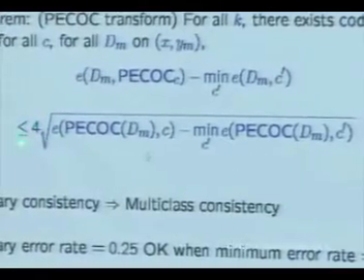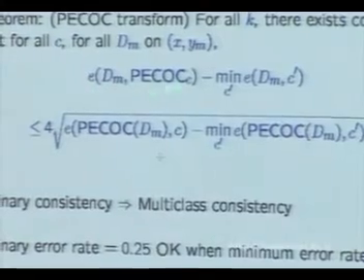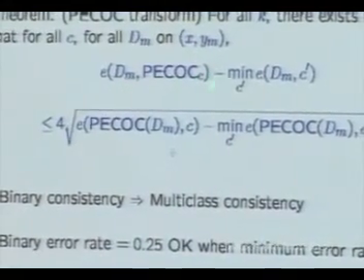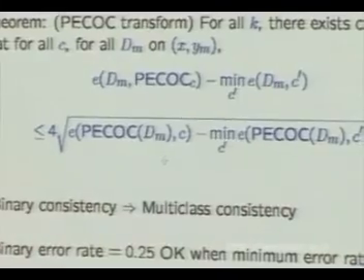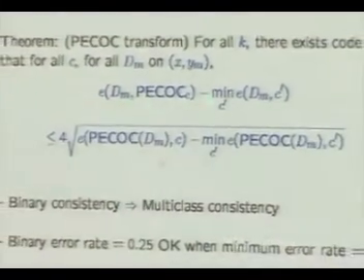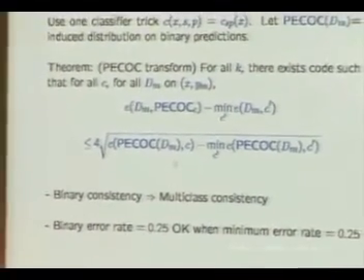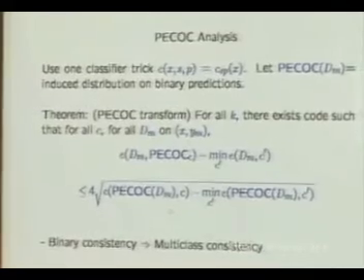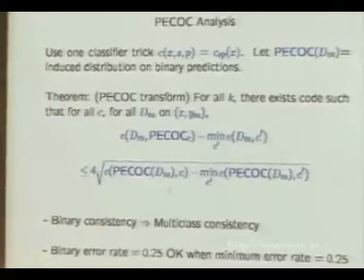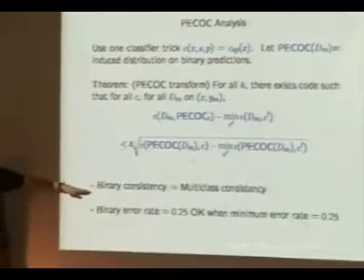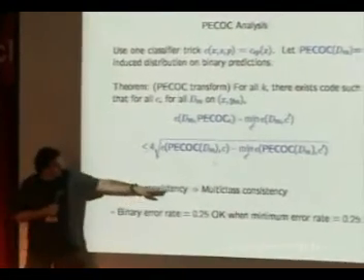So 0 is greater than or equal to the difference between the multi-class error rate and the best possible multi-class error rate, which has to be 0 because this guy is larger than that always. So it says that binary consistency implies multi-class consistency.